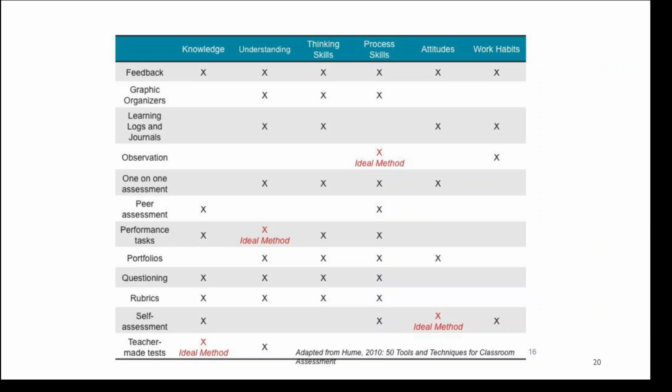Right? So this is kind of a fun little chart here. The different things that people are kind of trying to assess, the different skills, right? So knowledge versus understanding, those are 2 different things. Let's be real.